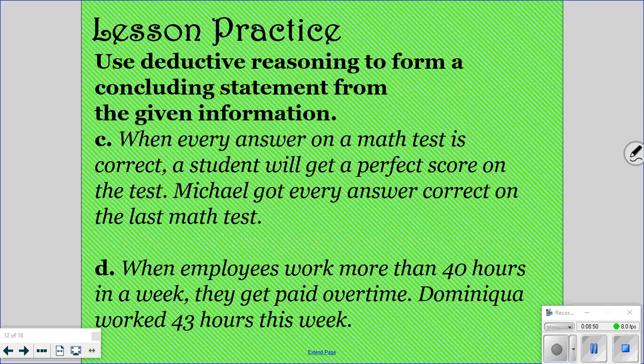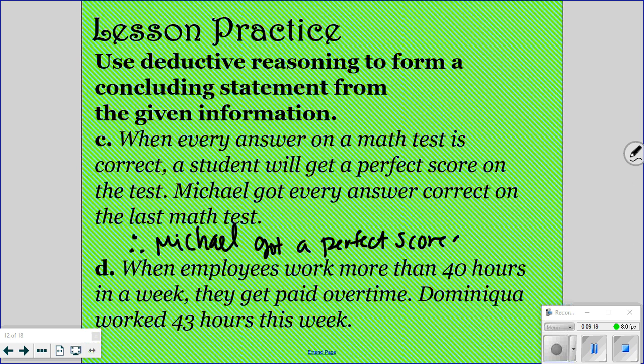Okay, so let's try these two now. Y'all pause the video and try these and then I'll go over them. When every answer on a math test is correct, a student will get a perfect score on the test. Michael got every answer correct on the last math test. Therefore, Michael got a perfect score on the test.